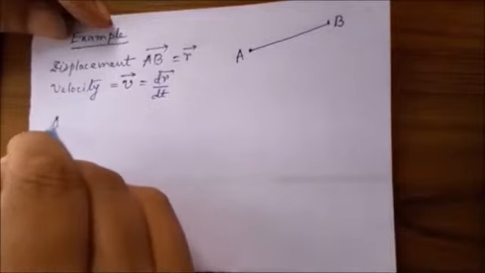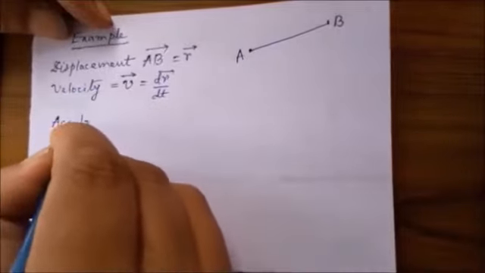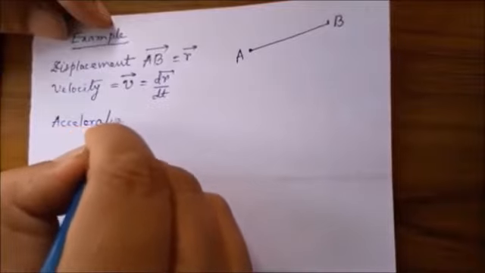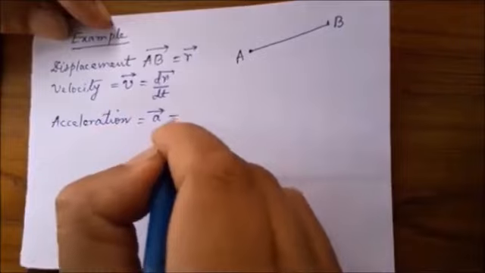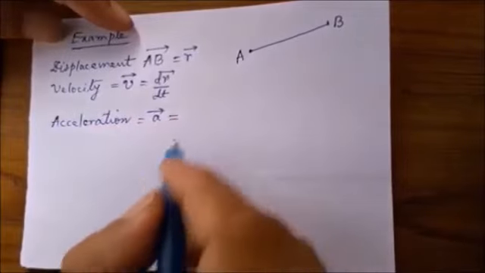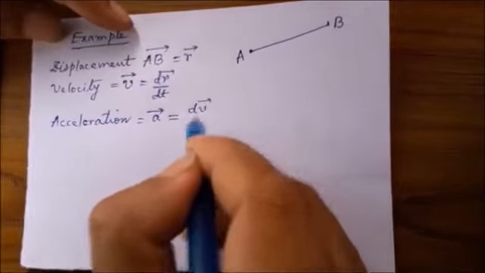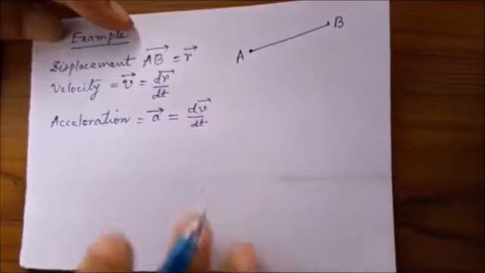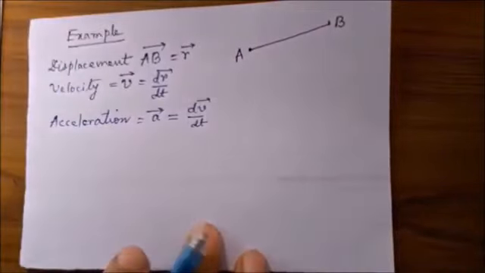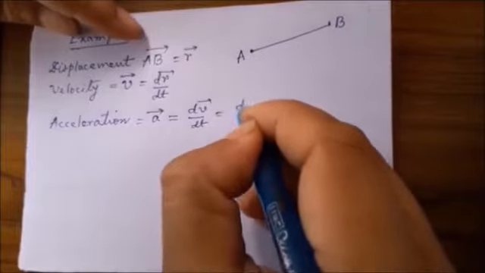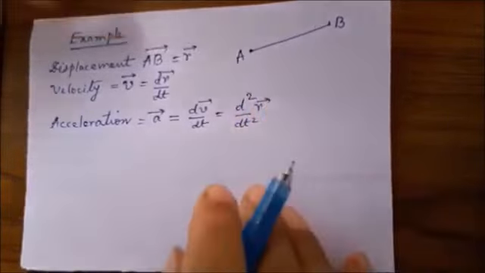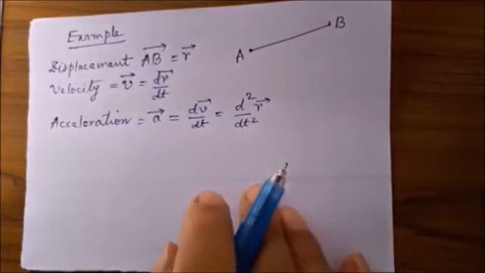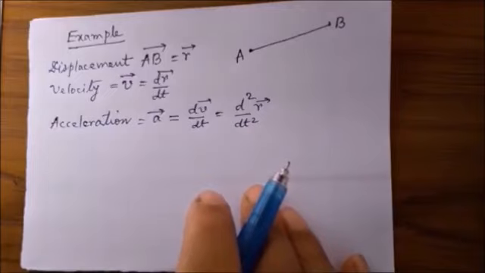Next is acceleration. Let us denote it by vector A, which is the rate of change of velocity, and the double derivative of displacement. So these are examples of vector quantities.